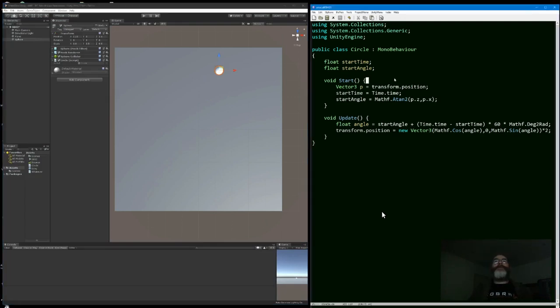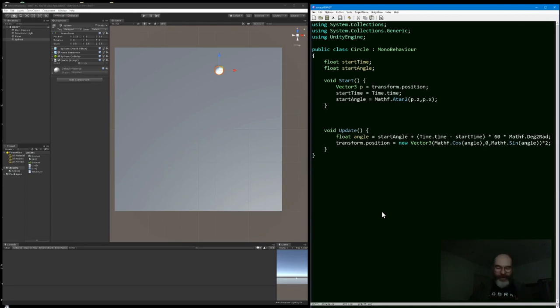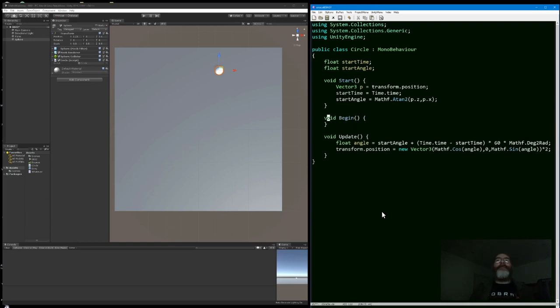And a way of doing that would be, I'm just thinking, what is it, a cheap way of doing that? We've got the start here. I'm going to create a function called begin, and this will begin the, I'll call it begin rotation.